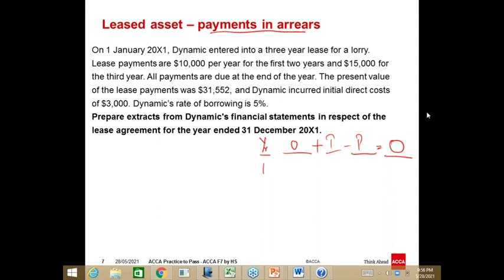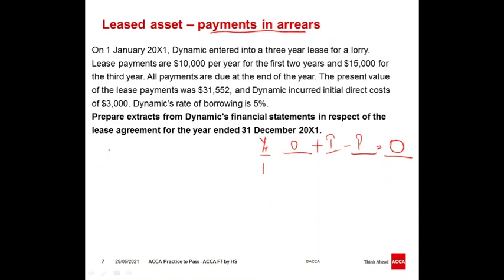Now let's solve this question. First, you need to capitalize, make the accounting entry by debiting the asset and crediting the lease obligation. Present value of the lease payment is 31,552, and the company incurred initial direct cost of 3,000.